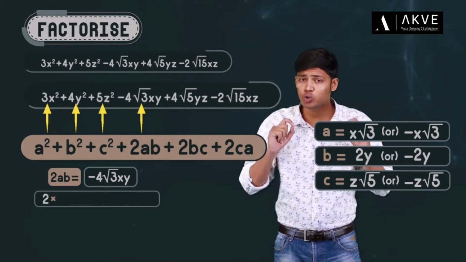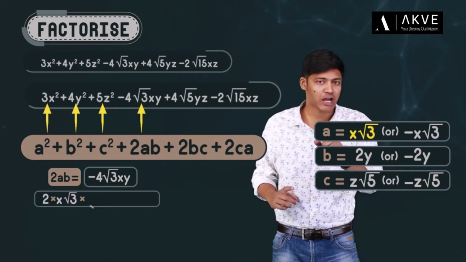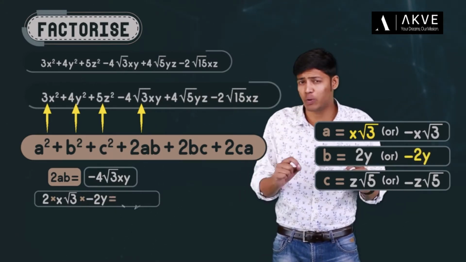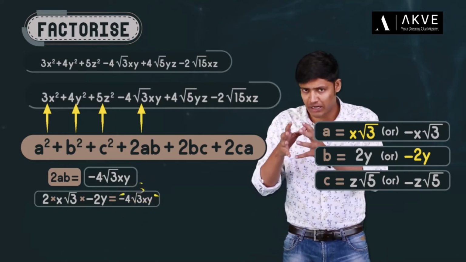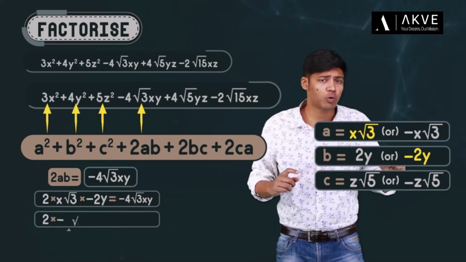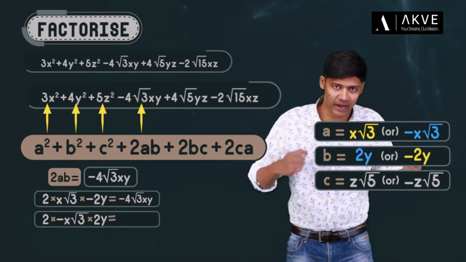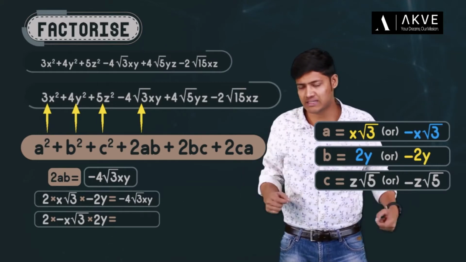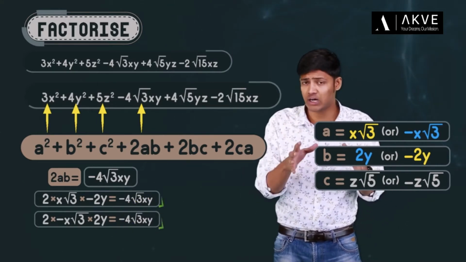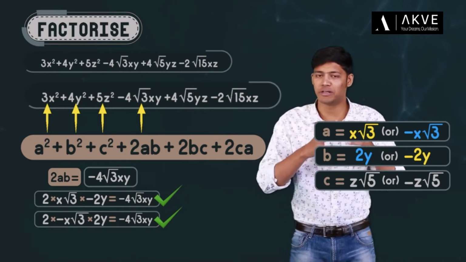So if we choose a equal to x root 3, then b has to be minus 2y, then only 2ab will be equal to minus 4 root 3 multiplied by xy. On the other hand, if we choose a equal to minus x root 3, then b has to be equal to 2y, since 2ab is equal to minus 4 root 3 multiplied by xy. So here we got two possibilities for the values of a and b.